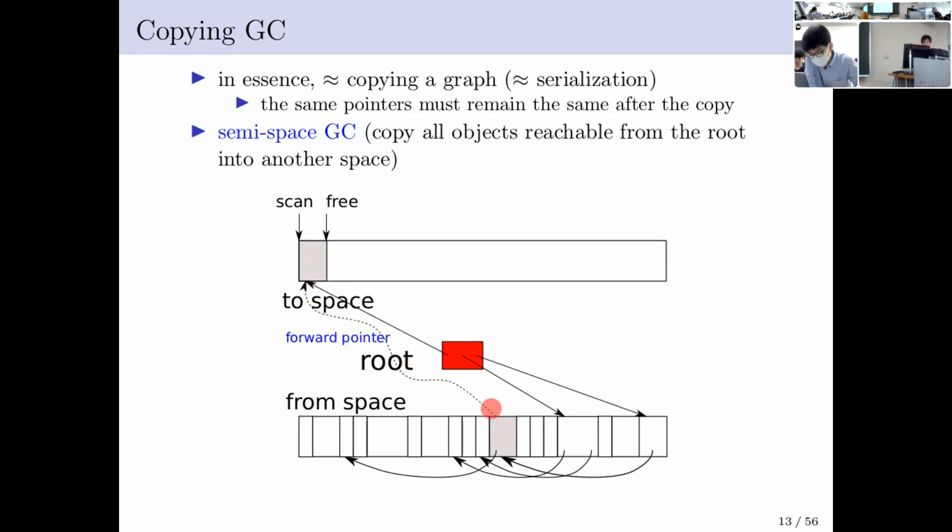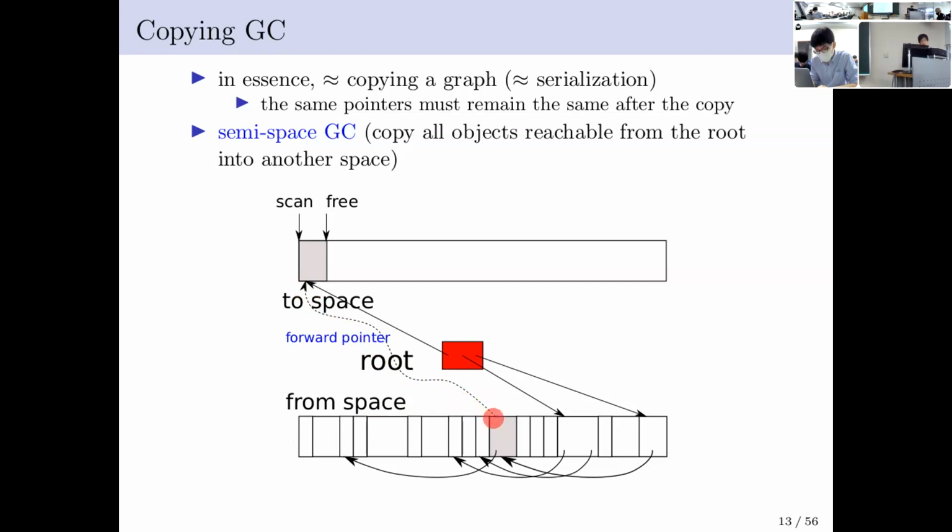The other is that this object may be visited again later, so when that happens, we have to be able to know that this object has already been copied so that you do not copy it twice, and also where this object has been copied.